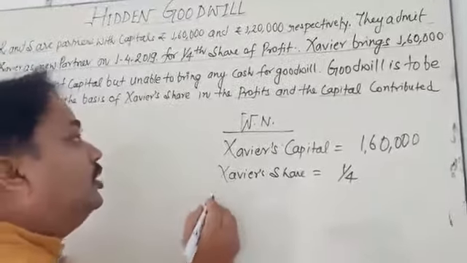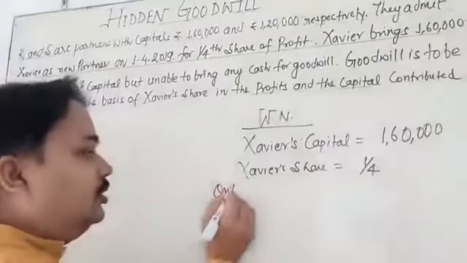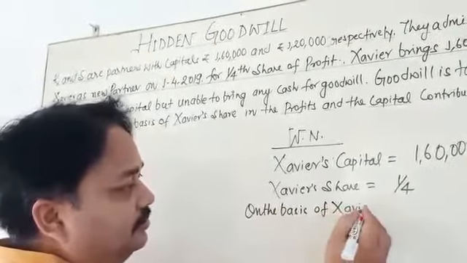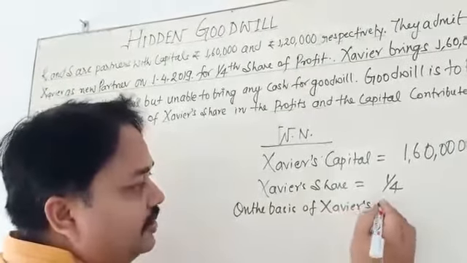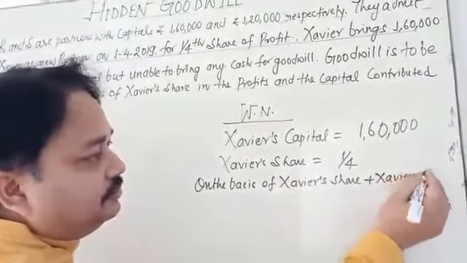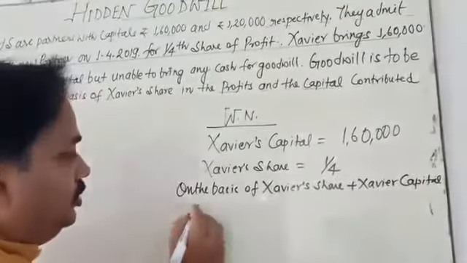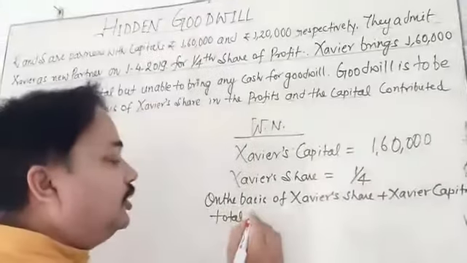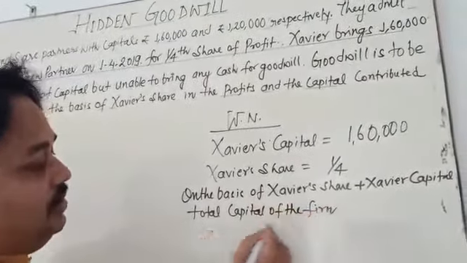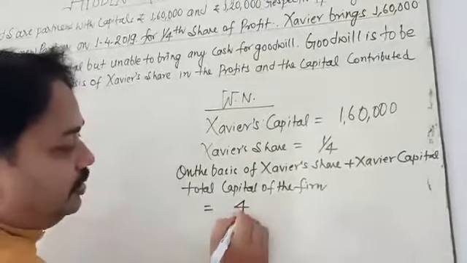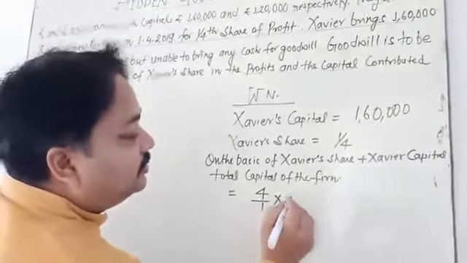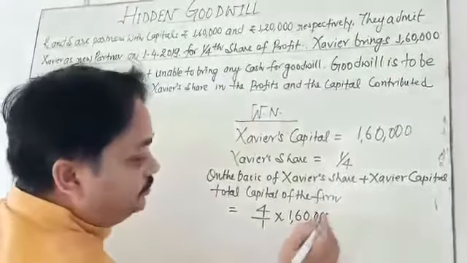So on the basis of Javier's share and Javier's capital, the total capital of the firm is equal to the reciprocal of Javier's share, 1/4, that is 4/1, multiplied by the capital contributed by him.